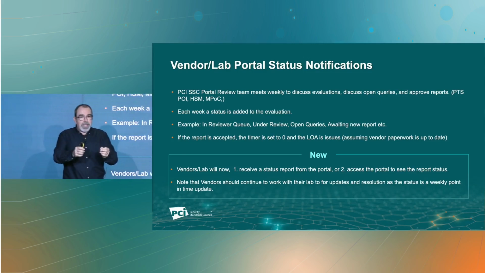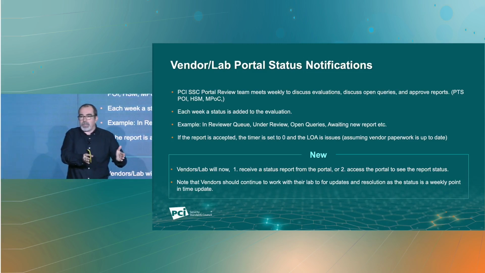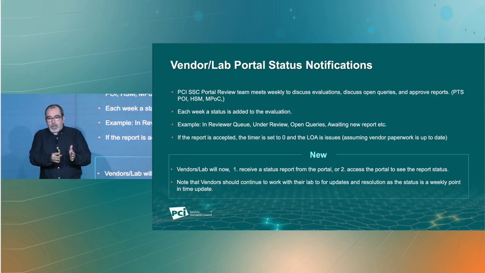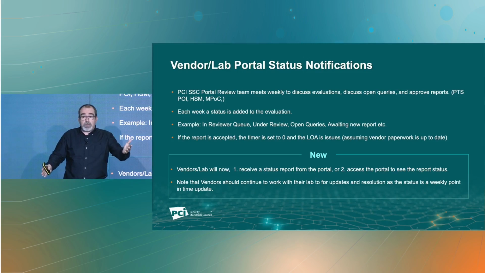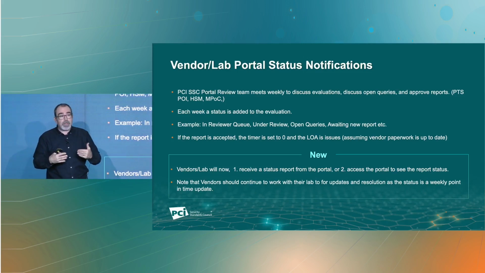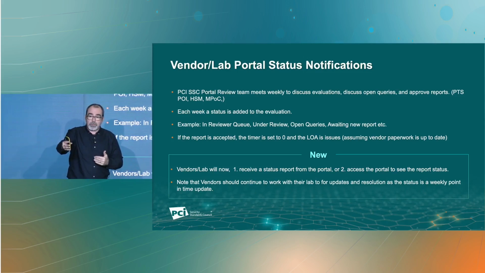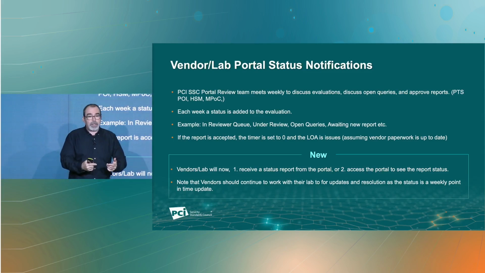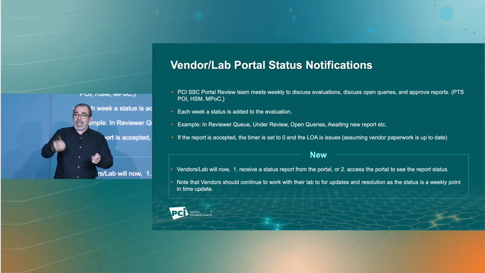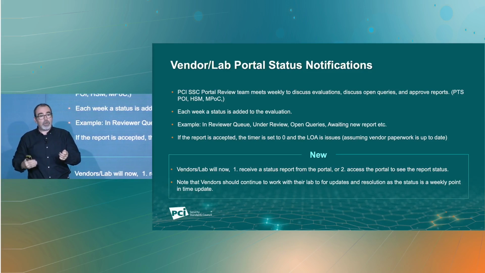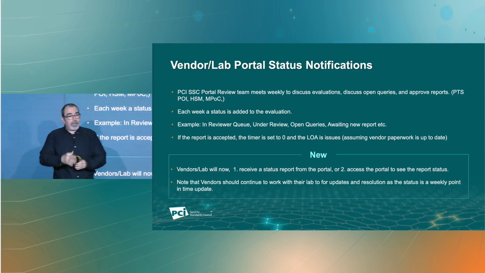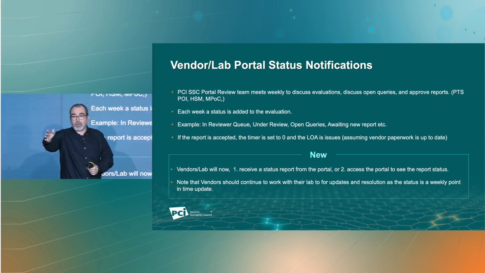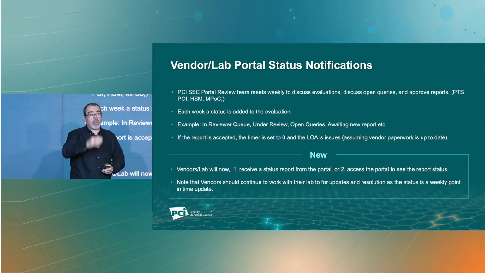Now, we've had feedback that has been potentially a bit of an unknown. They submit the report, and then there's no real feedback that people are receiving. So we've heard that feedback. We're now implementing a process where each week there is a status that is added to everything that is in the report reviewer's queue, and that status can then be communicated out to the vendors to make sure that you are aware.